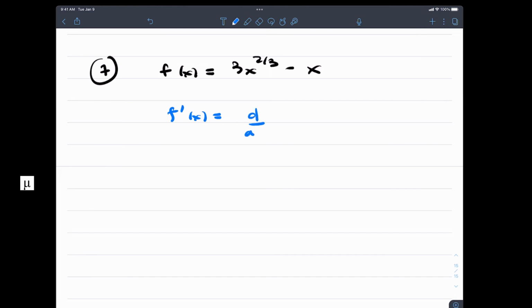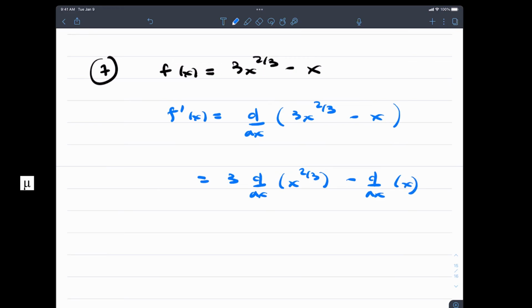I hope you guys did some work on derivatives. What's this? 2/3 x. What's 2/3 minus 1? Negative 1/3. What's this? 1.